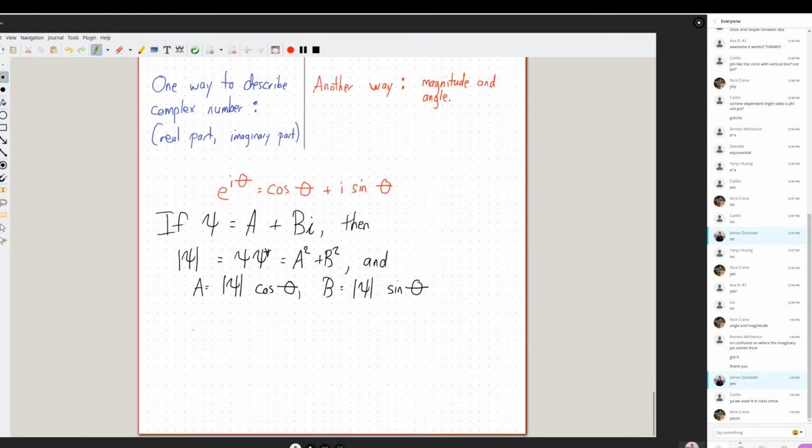And here's the punchline: psi equals the magnitude times e to the i theta.